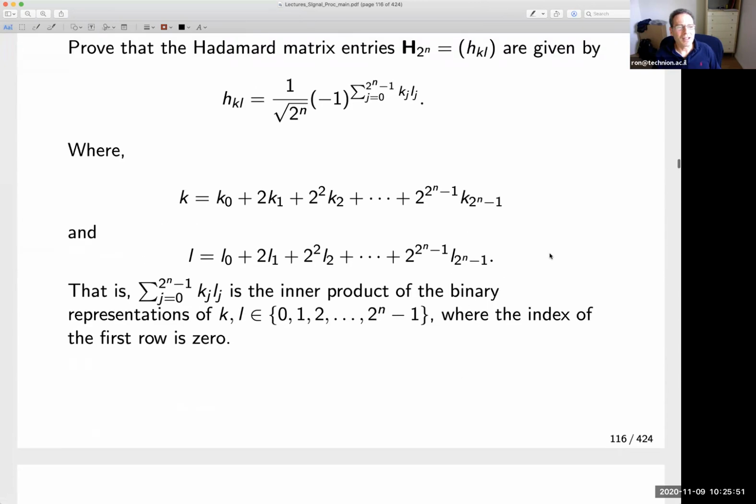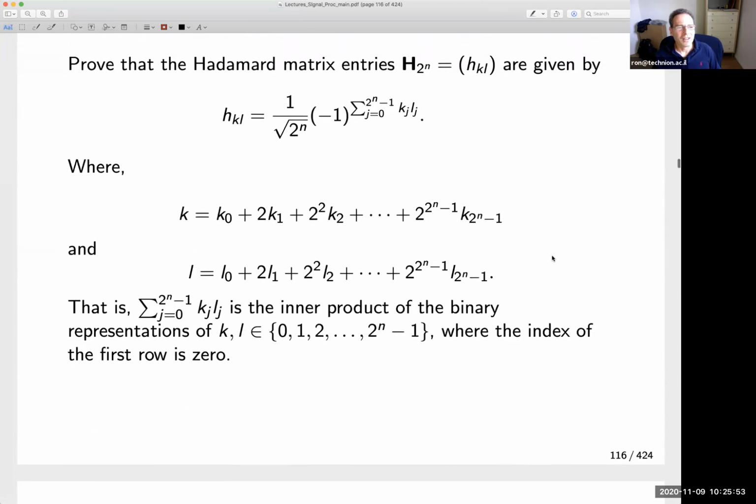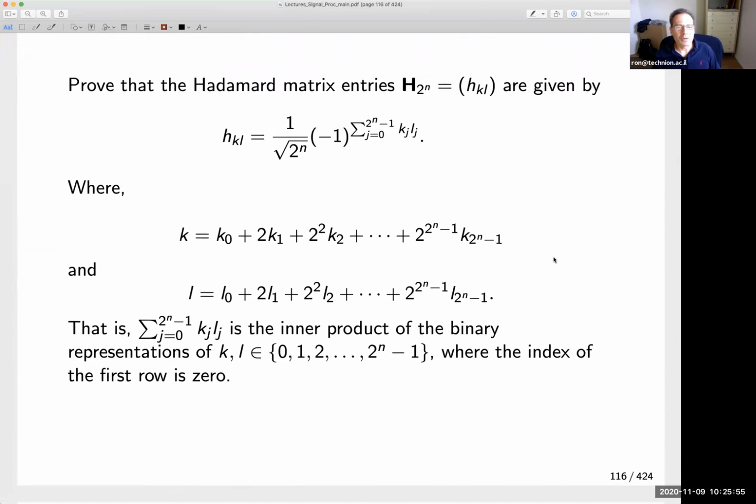And before that, let me just tell you that if we go back to the Hadamard matrix, there is a way of representing each and every entry in the Hadamard matrix. Remember that there was this constant coefficient, and let's throw it aside. The claim is that each entry of the Hadamard matrix is nothing but -1 to the power, and here comes the interesting part.